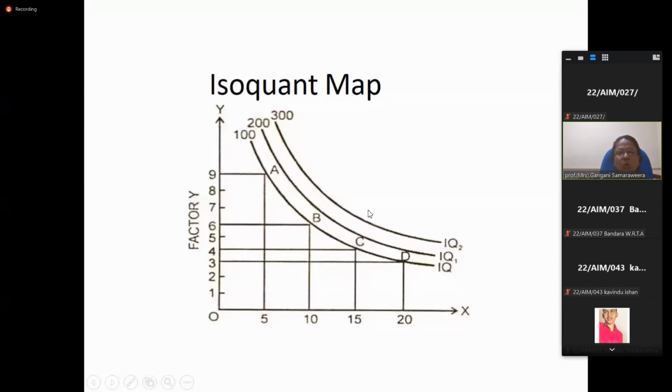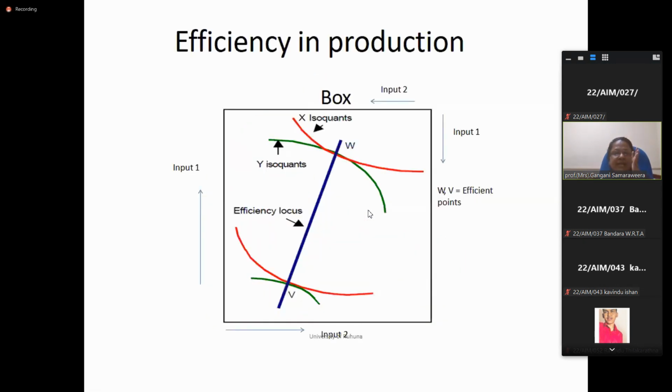Okay. So let's say you use here, please understand clearly. One input 2, here one production curve. Just focus on your red line. Another input, let's say input 2, just keep one line up and down here. See, input 2, input 2, input 1, input 1. This axis put this upward. See, x and y, same x and y here.